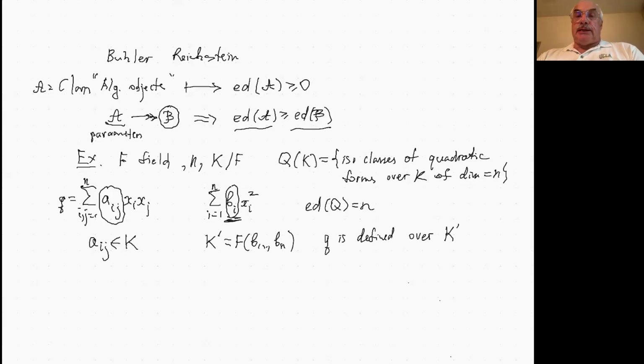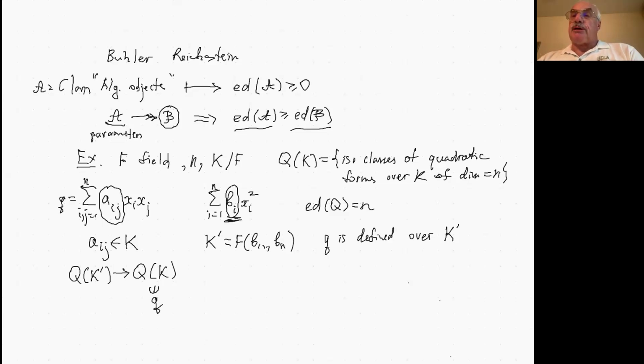In other words, Q of K, where we have our element Q, is connected with Q of K prime by the obvious map. And our form Q comes from a form, given by that diagonal presentation. And K prime is much smaller.